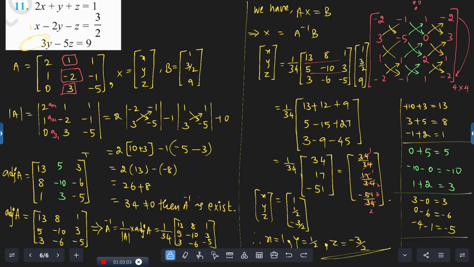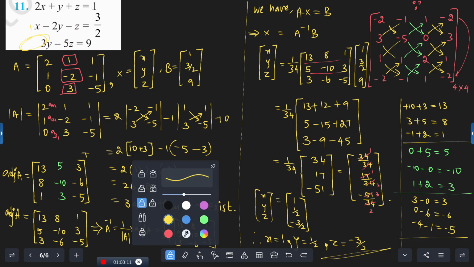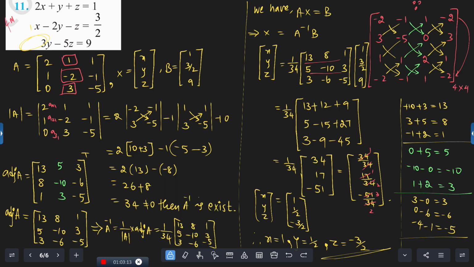Have you understood? Children, these things they will be asking in the case study, 4 mark or 5 mark question. If you have luck, they may ask in the 5 mark also. So this is very important.